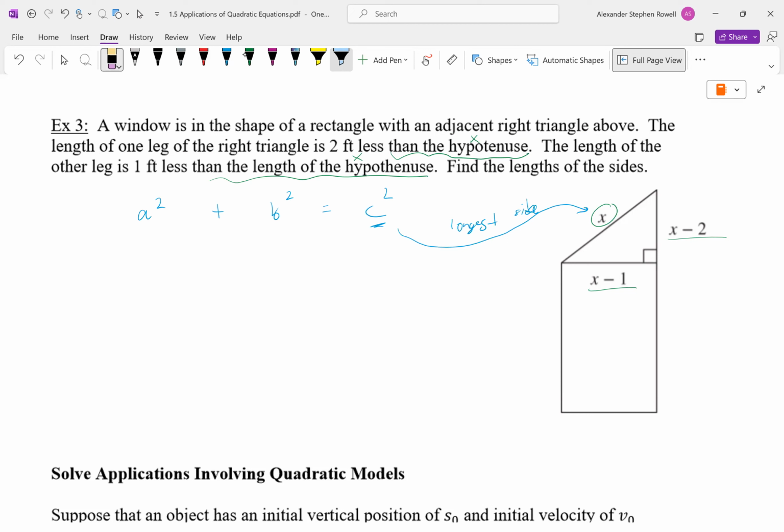All right, so let's plug in. The hypotenuse is x. Let's square it. All right, what's a? Well, I said it doesn't matter. Typically, you make it the shorter side. It won't matter which one you pick, though, right? And leg b, x minus 1.